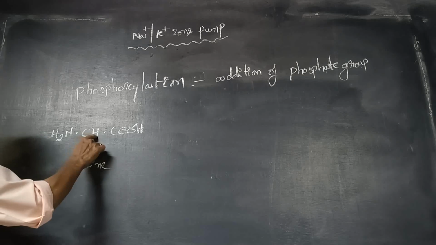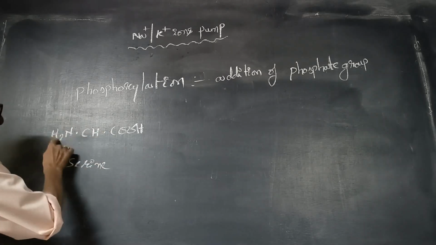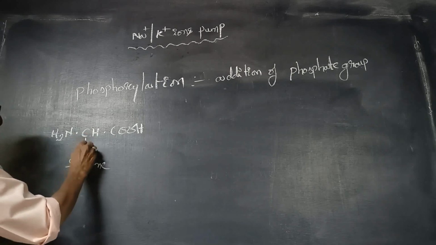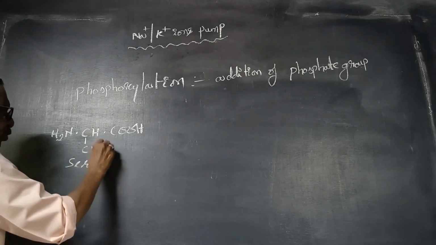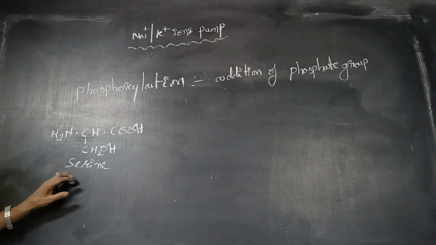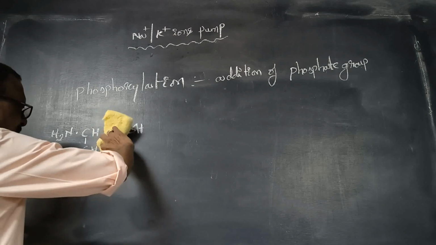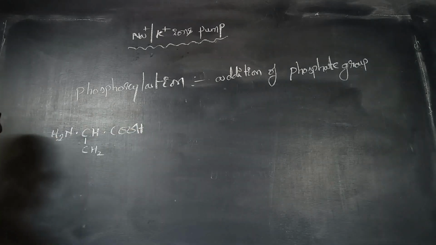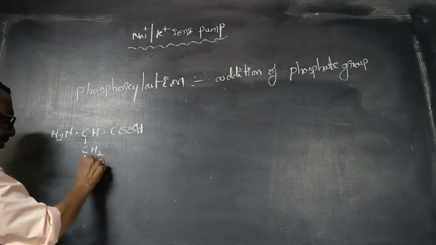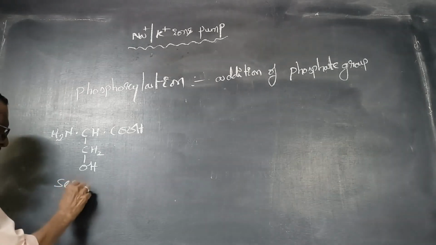Now its valence is one with hydrogen, second, third, there is one more. So CH2OH. This is the formula of the serine amino acid. For convenience, I am writing this OH here like this. Now, this is serine.